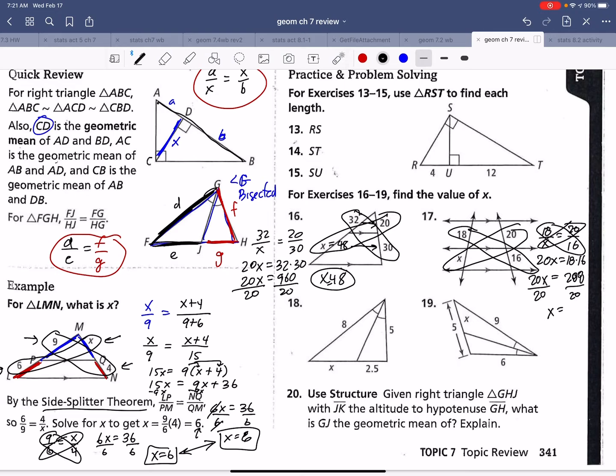I get 14.4. Plug this in, and see if that makes sense. So 18 is a little smaller than 20, 14.4 is a little smaller than 16.